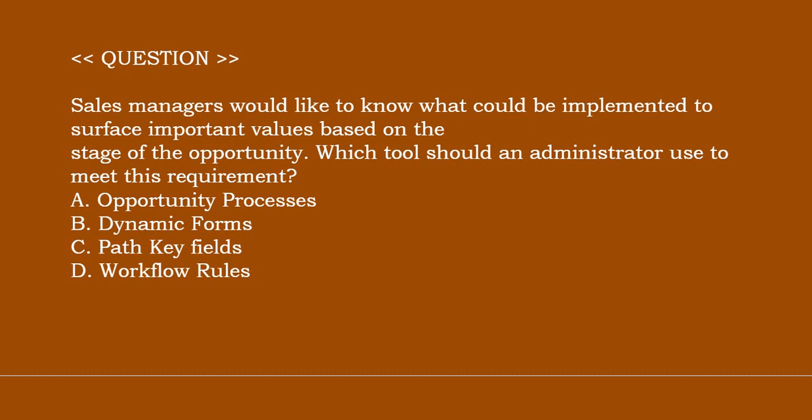Option B, dynamic forms. Option C, path key fields. Option D, workflow rules. Correct answer is option C.